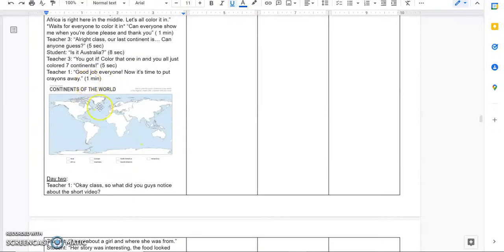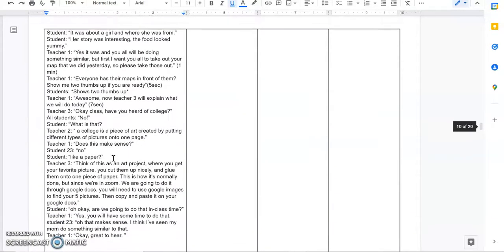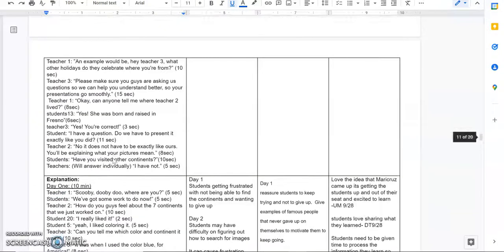So using this map, they're going to color in each continent with a different color, going from the biggest to the smallest continent. And after that, they're going to continue with their flashcards by going more into detail with what each vocabulary word means.